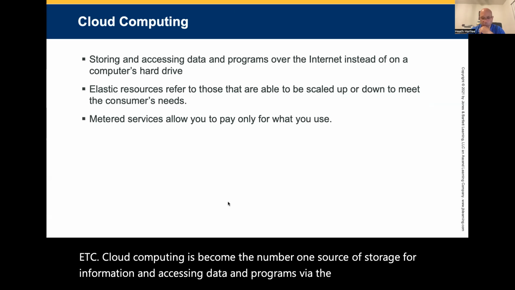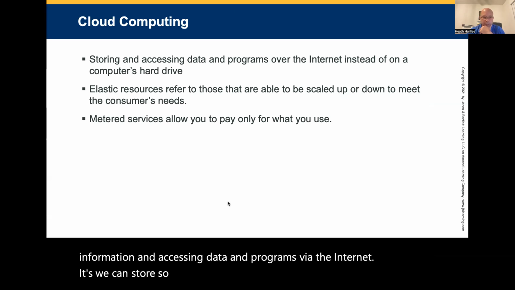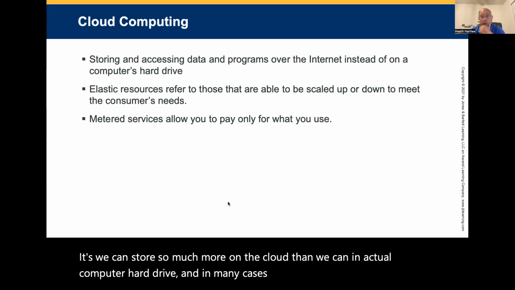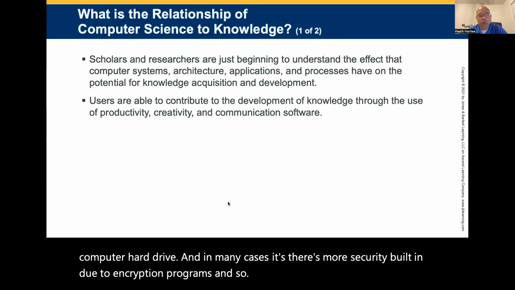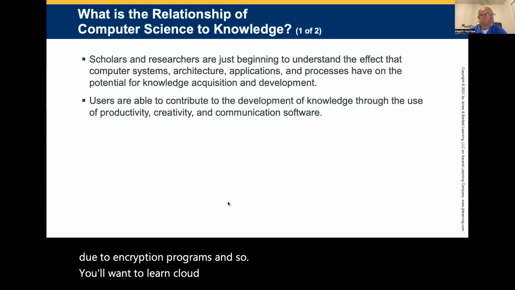We can store so much more on the cloud than we can on an actual computer hard drive. And in many cases, there's more security built in due to encryption programs. And so you'll want to learn cloud computing, hint, hint.